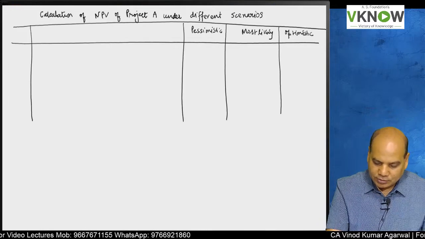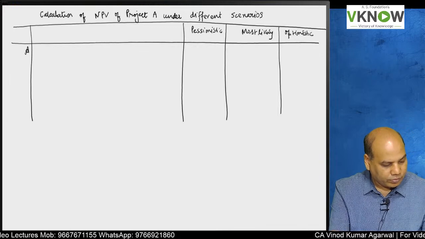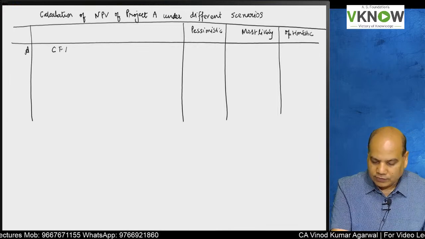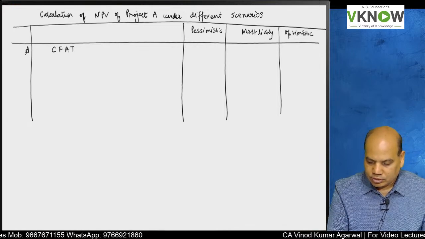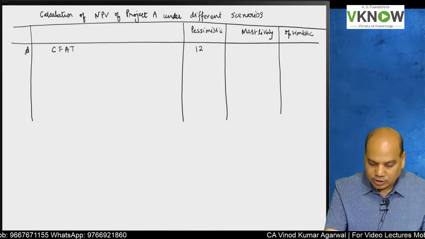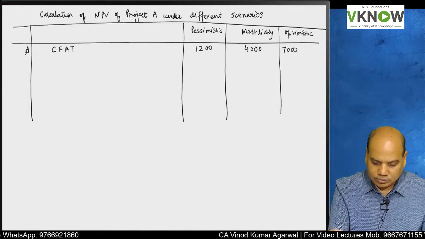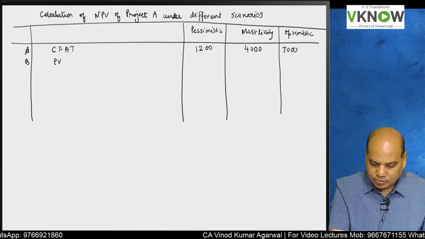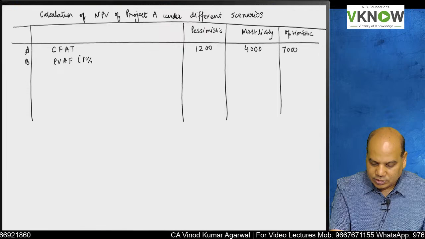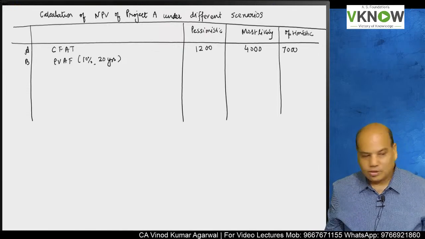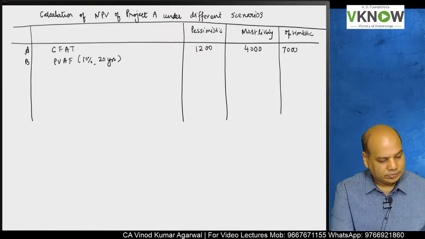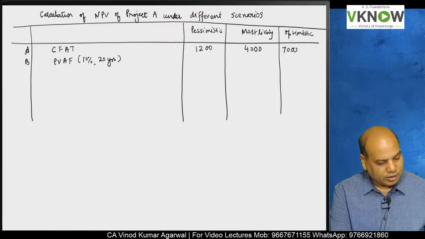So first you write down point A, CFAT. CFAT will be 1200, 4000, 7000. Point B, PV annuity factor, 10%, 20 years. So please take your calculator and give me the answer.